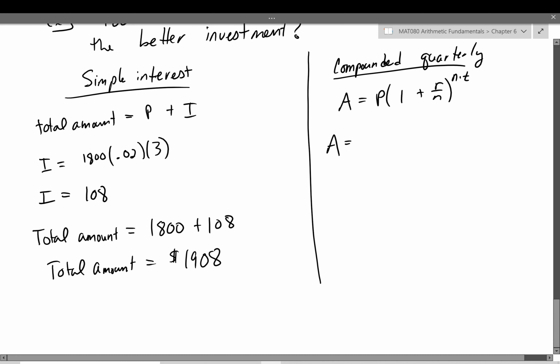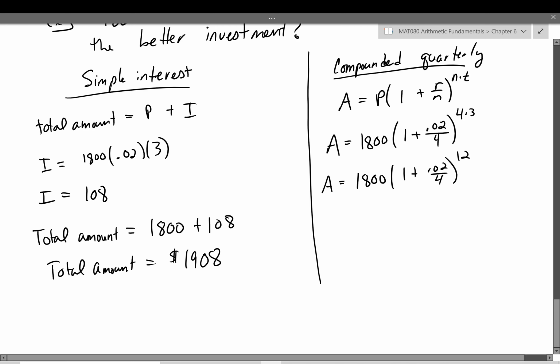So A equals the principal, 1,800, times 1 plus the rate is 0.02, divided by, now, the money is being compounded quarterly, so that's going to be a 4, and then we raise it to the 4 times 3 power, okay? So just to simplify this a little bit, I get 1,800 times 1 plus 0.02 divided by 4, all raised to the 12th power.